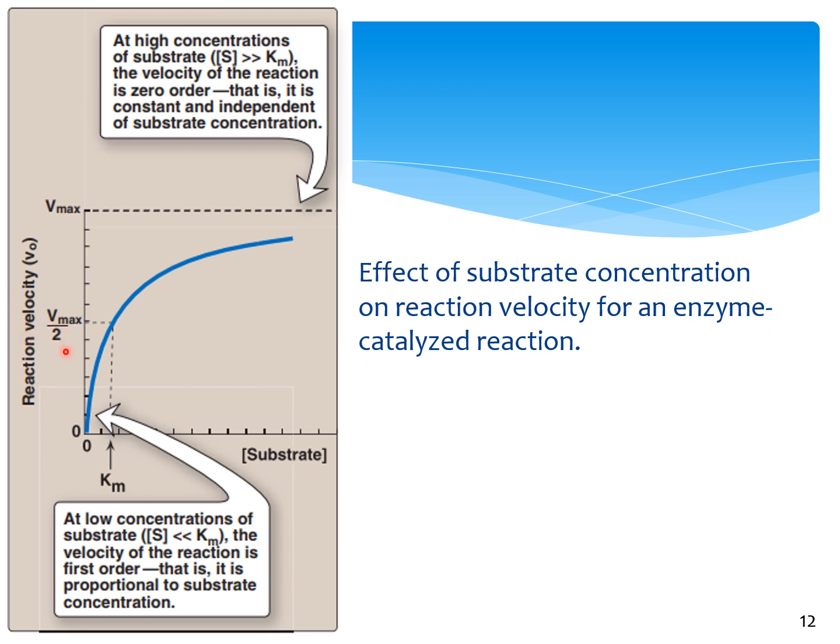It is graphical presentation to analyze the effect of substrate concentration on the reaction velocity. Substrate concentration on x-axis and reaction velocity on y-axis. You see the Km. Km is the substrate concentration where the half Vmax is achieved.